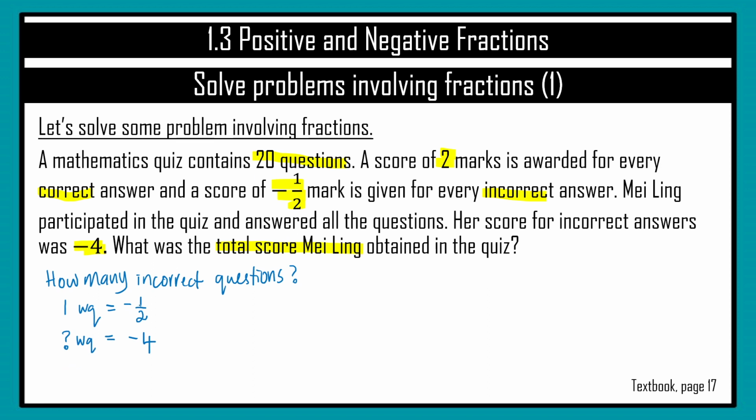So one question is negative 1/2. So I want to know negative 1/2 multiplied by how many questions in order for me to get the score of negative 4.